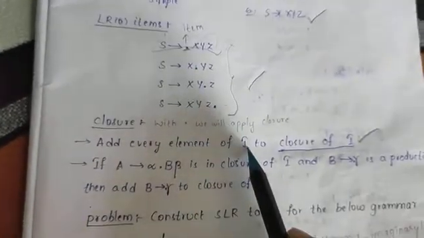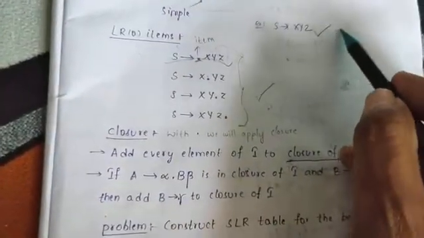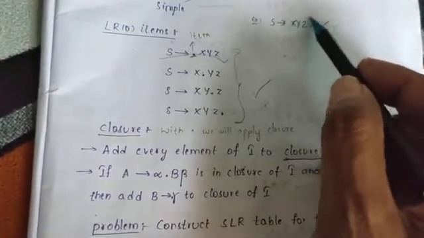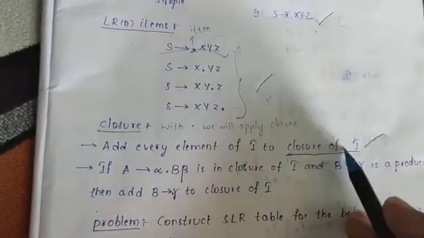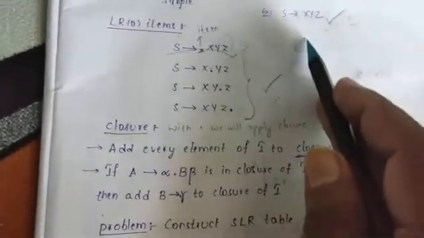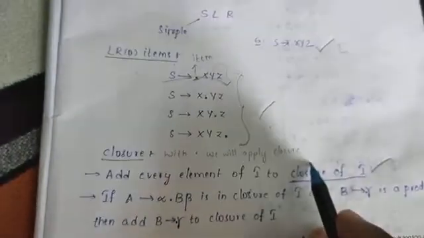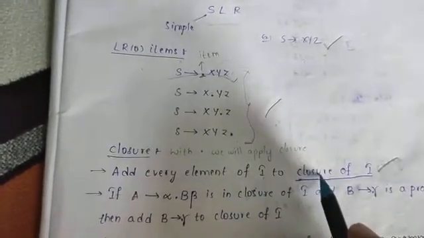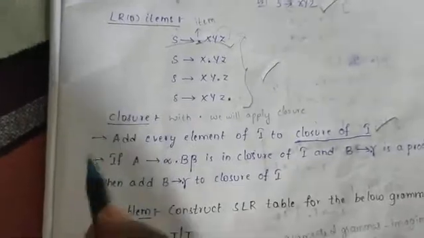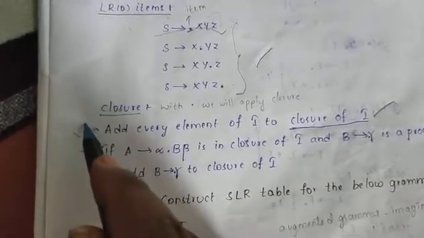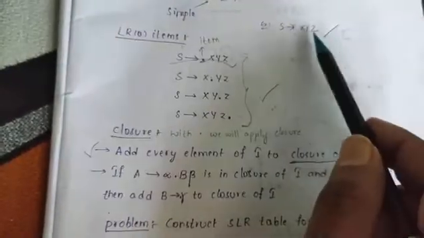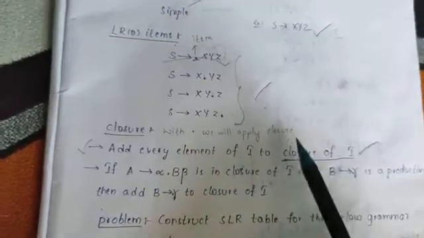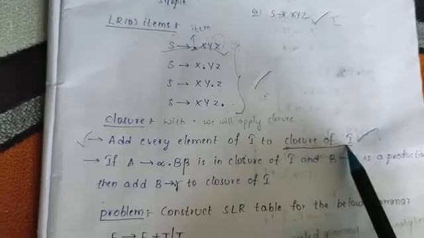Every element of I, where I is the grammar, should be considered in the closure of I. So the closure of I will contain all elements of the grammar. The first point: add every element of I, that means every production in the grammar, to the closure of I.